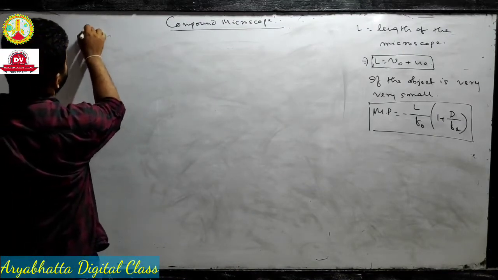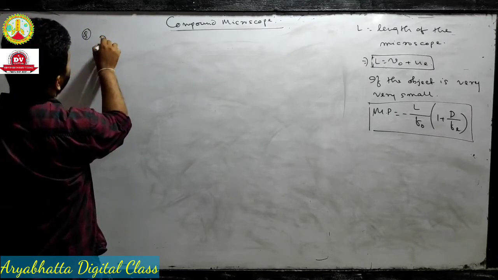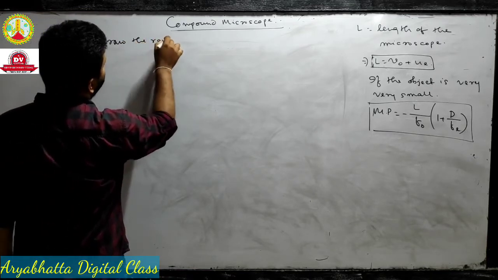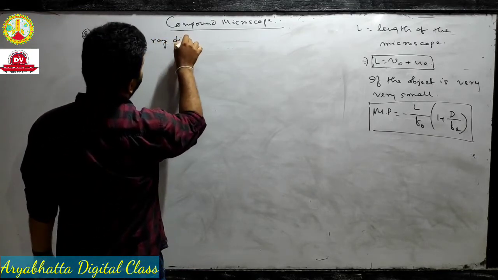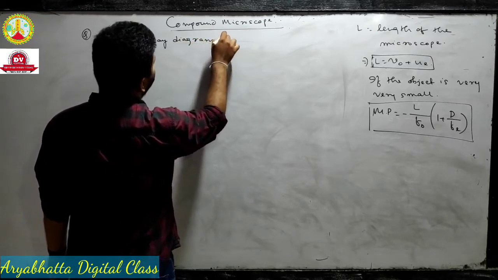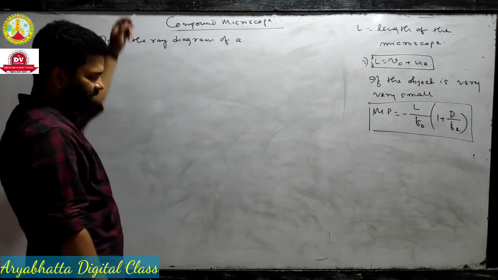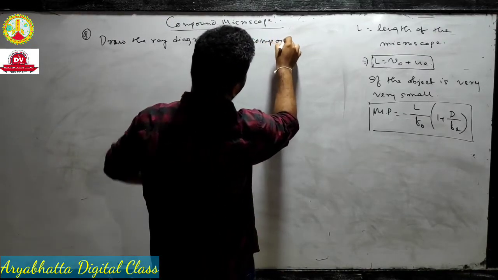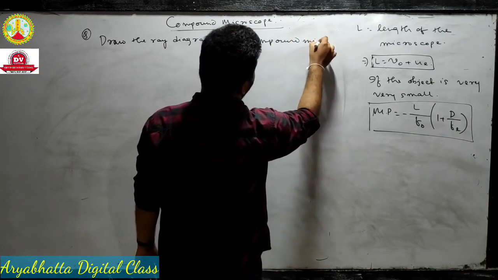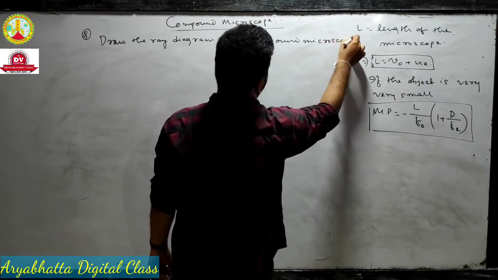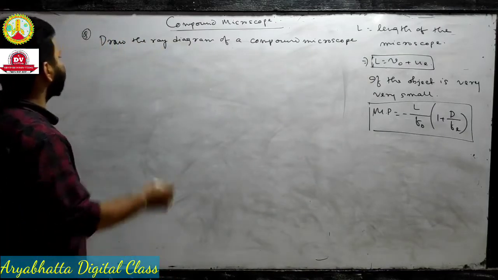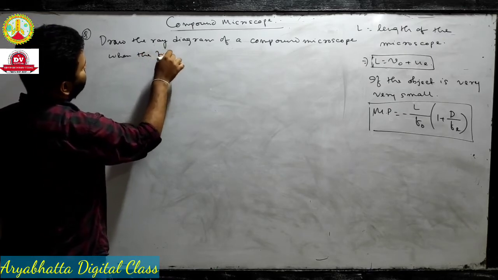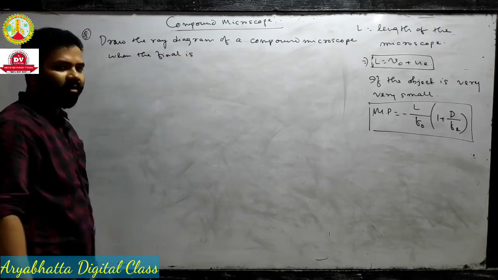So the question comes in the exam like this: draw the ray diagram of a compound microscope when the final image is formed at infinity.